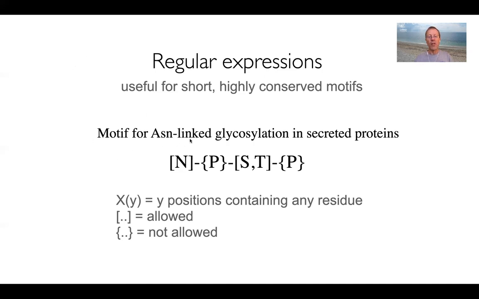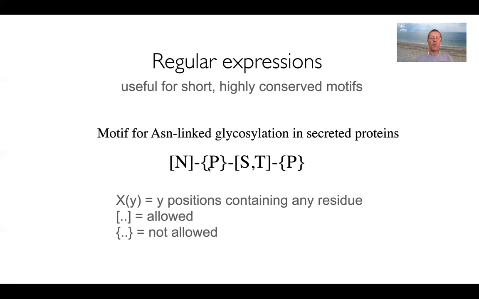This is called asparagine-linked glycosylation, and it's found mainly in secreted proteins or cell surface membrane proteins in eukaryotic cells. Now, this recognition sequence is a very simple one, and it's embodied in this regular expression, which basically says that to find such a recognition motif, you look for sequence motifs that start with an asparagine, N, followed by any amino acid except proline.